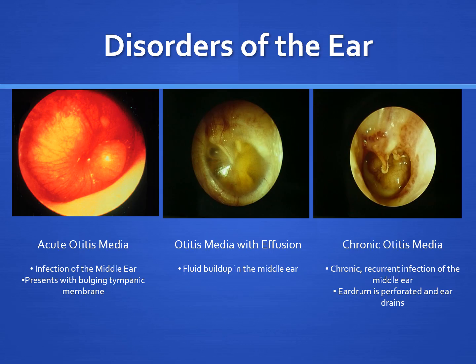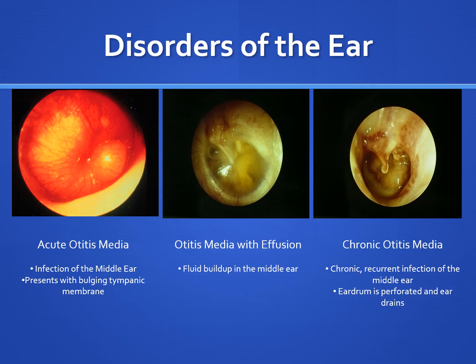Otitis media with effusion is not an active infection. This is fluid behind the eardrum. What we'll see is yellow amber fluid, possibly air bubbles. The tympanic membrane may look dull or retracted, and patients will report fullness and hearing loss, usually with no fever or acute pain. So no antibiotics are needed.